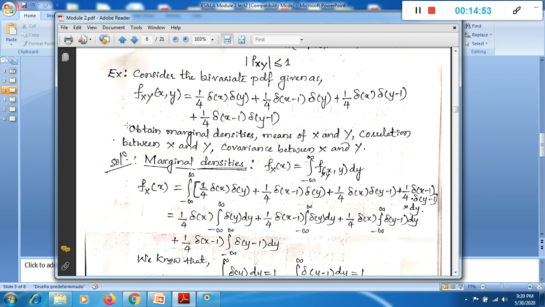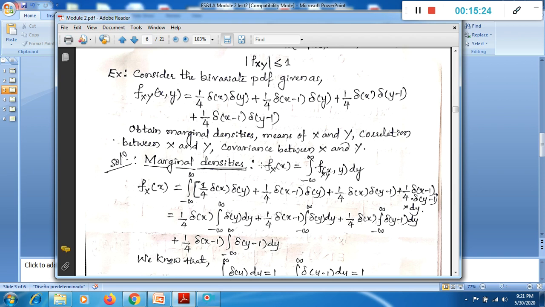So let's solve this. I hope one can remember the marginal densities, meaning individual values of the probabilities of x and y. They are f_X(x) and f_Y(y), and even their equations. Means of x and y we can find once we are known with this. So let's find the marginal densities.